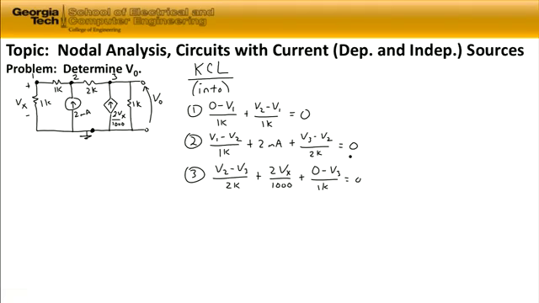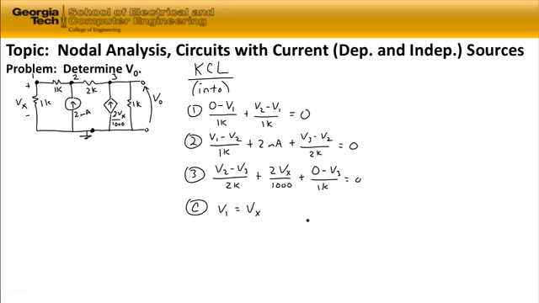So we need a relationship between V sub x, our controlling parameter, and our nodal voltages. If we look at the circuit, it's quite easy to find that constraining equation. We know that V1 is equal to V sub x. So now we have four equations and four unknowns, and we can solve these simultaneously.